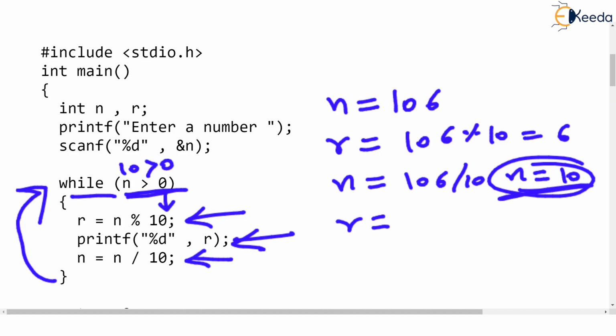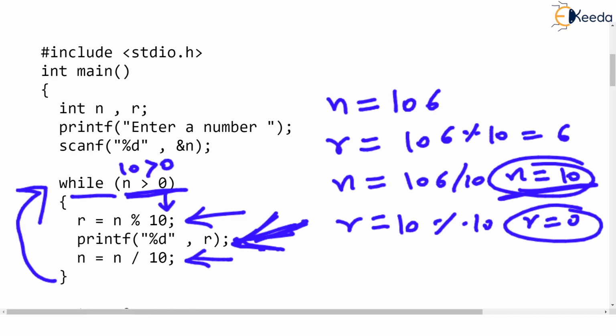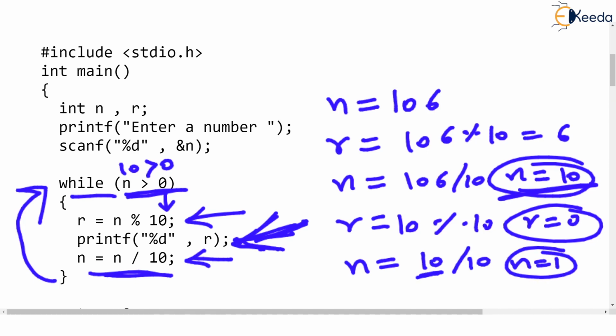So 10 % 10 is 0. So r is 0. The next line prints r, that is 0, and then n becomes n / 10, so n becomes 10 / 10, which is 1.